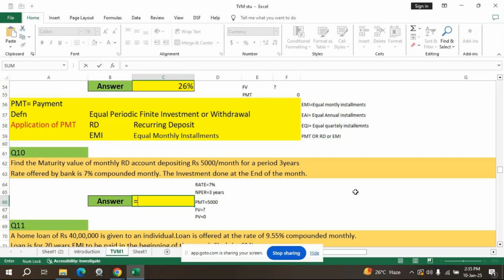The maturity value in the sense, we put here FV, open bracket. What will be the rate?